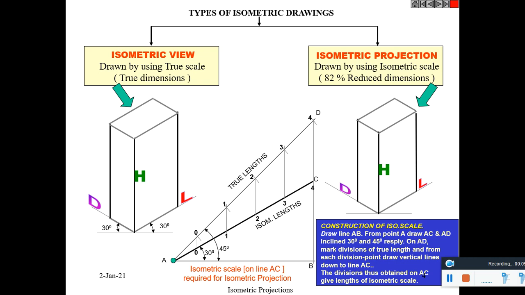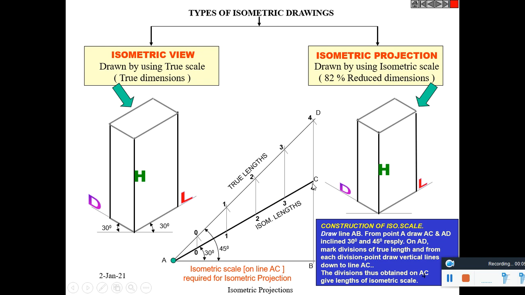Now the actual dimensions that have to be drawn for an object are marked on the true length, on the line AD, and lines are drawn perpendicular to line AB. So from point 4 it is drawn towards B perpendicular to line AB.